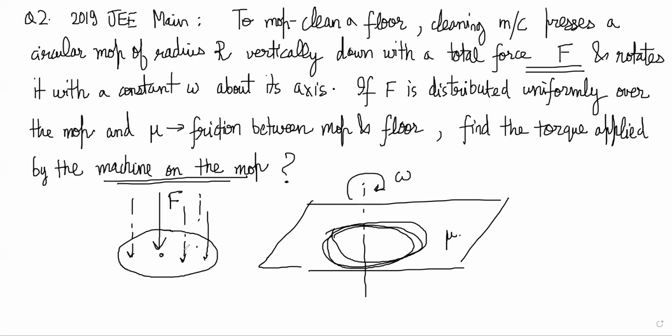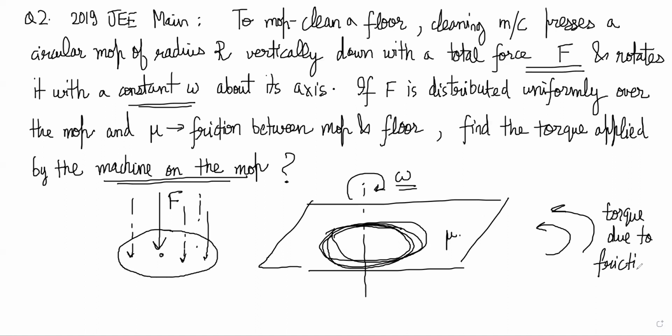So first of all, why do you think there will be a torque on the mop by the machine? Why does there have to be a torque? The reason is, if you rotate the mop with omega angular speed, then friction will be trying to oppose the rotation. At any given moment, friction will oppose the relative motion of the mop across the floor. So there should be a torque due to friction.